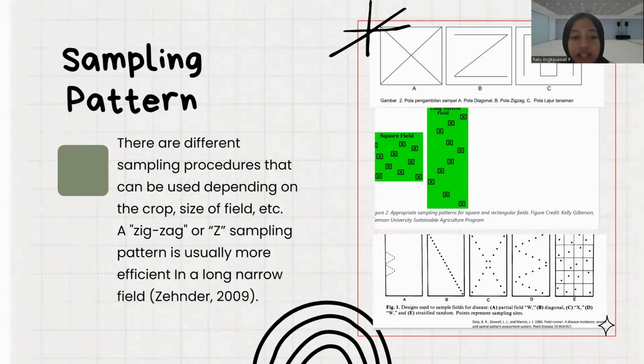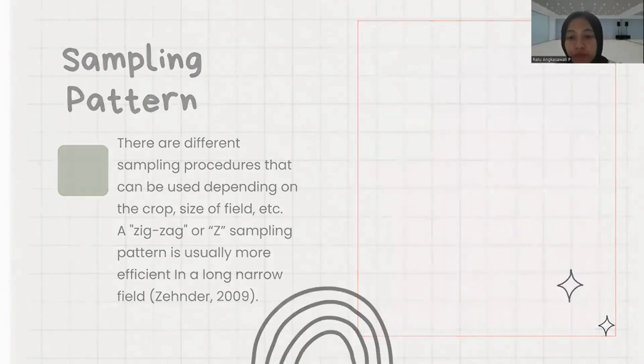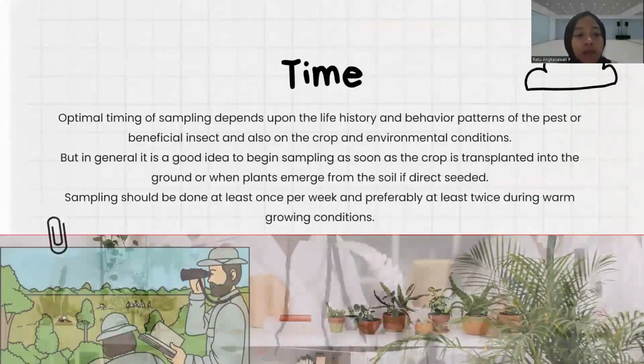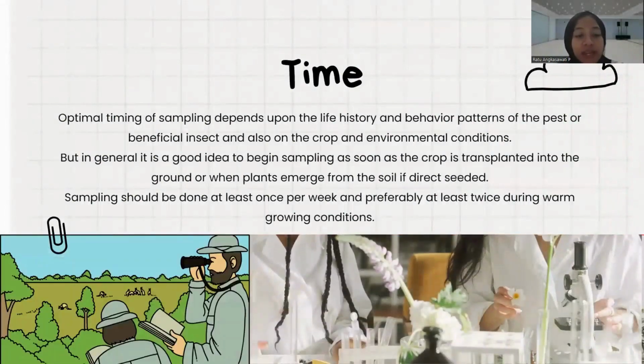The next is the time. Optimal timing of sampling depends upon the life history and behavior pattern of the pest or beneficial insect and also the crop and environmental conditions. Both insects and plants develop quickly under warm conditions and more slowly when it is cold.